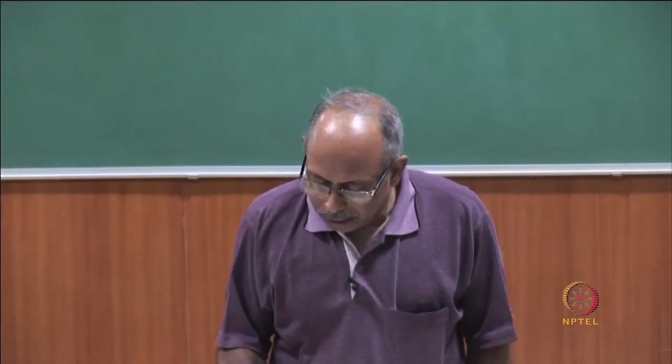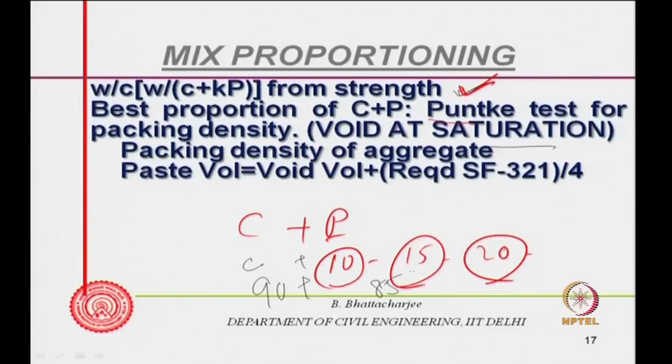Then next change it to 85 plus 15 and do this test. So, the void content at each stage you can find out, and if you know the void content and the total volume, because the masses of the materials are known and their specific gravities are known, you can find out the volume of the solids. So, the volume of solids and the volume of voids are known, therefore you can find out the packing density.